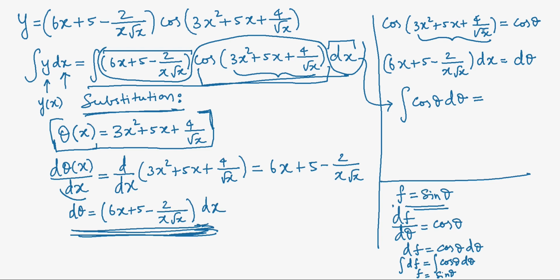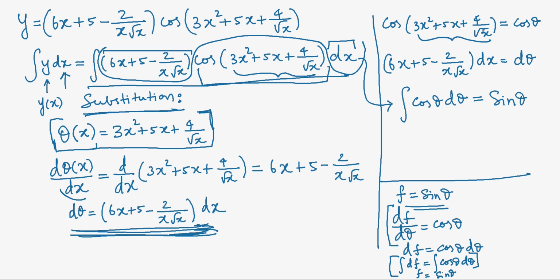We are dividing the change that happened in f with respect to the change that happened in theta. The integration is, we are just adding all the small pieces repeatedly. That means it will be a multiplication. Okay. So this integral cosine theta d theta will be a sine theta. You're okay with that? Yes, uncle.